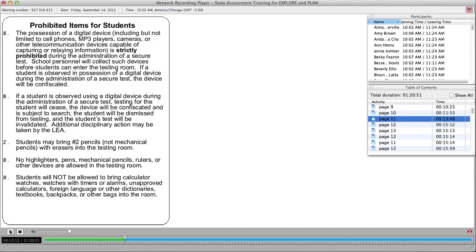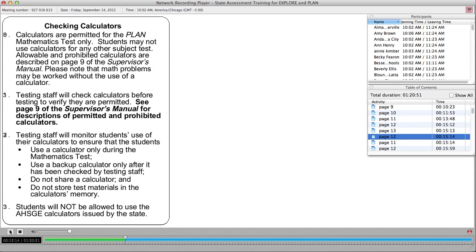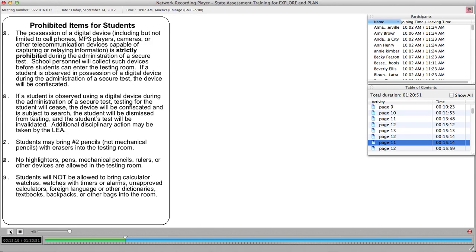Of course, again, students may bring number 2 pencils, not mechanical pencils, into the testing room. No highlighters, no pens, no mechanical pencils, rulers, or other devices are allowed in the testing room. Occasionally, we've gone to monitor and found that students have used highlighters, but those are not allowed on this test.